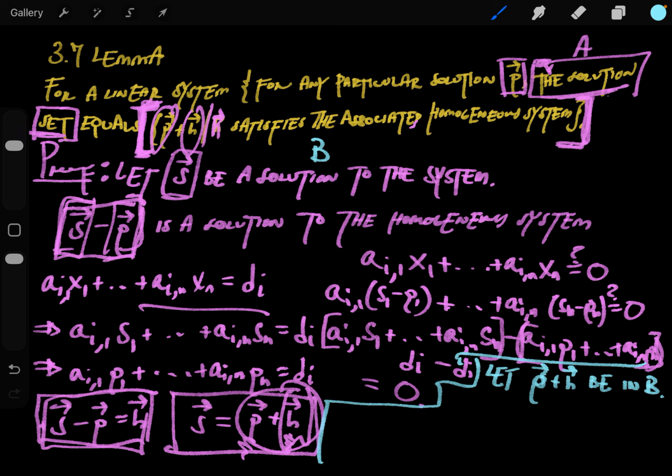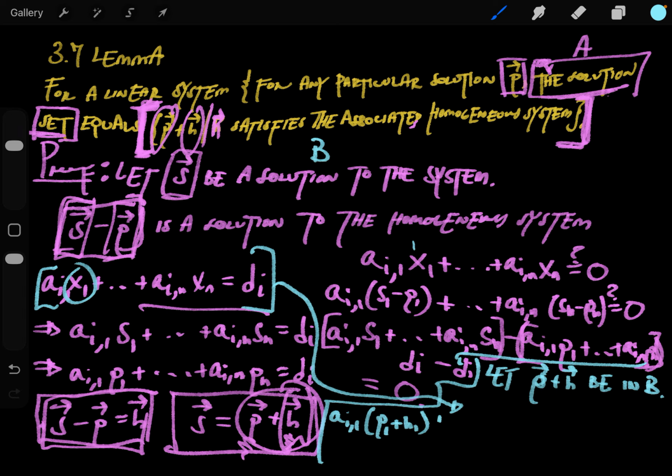Well, it's obvious, because if we take any ith row and substitute this in for the solution, knowing that P is a particular solution, we get a sub i1 times P1 plus H1 plus dot dot dot plus a sub in times Pn plus H sub n, and it needs to equal d sub i.